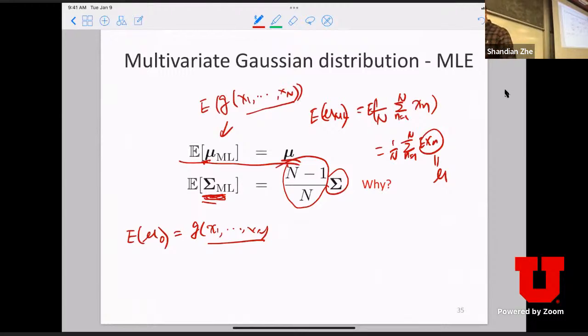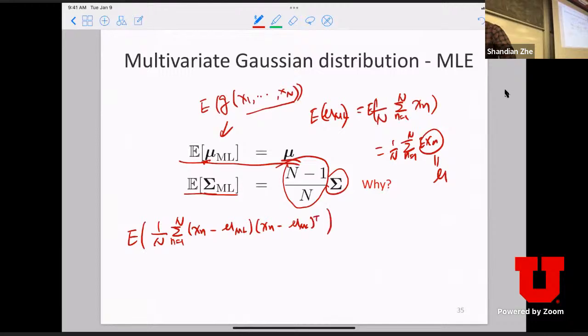And how do you get this conclusion? I will give you a hint because it's very likely to be included in your homework 1. If you want to derive the expectation of this MLE estimate of covariance, just take a look at the form: (x_n minus mu_ML)(x_n minus mu_ML) transpose. Just take the expectation of this.